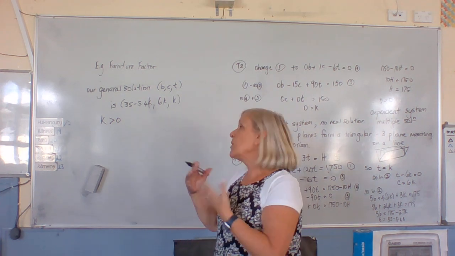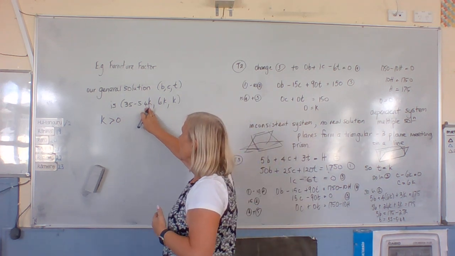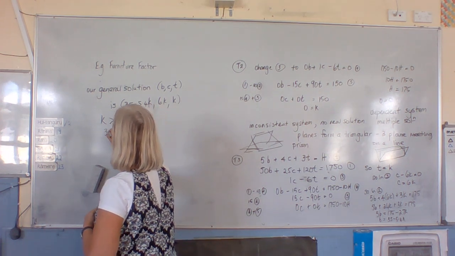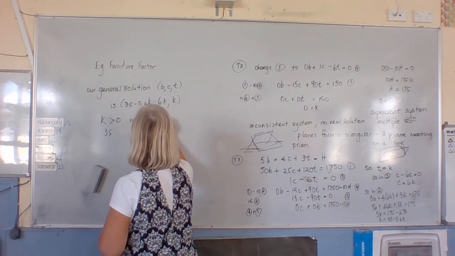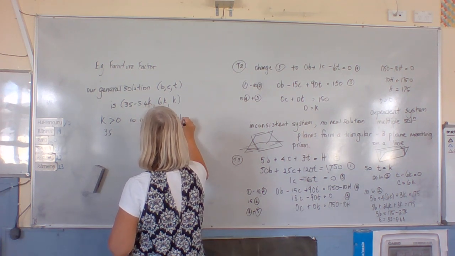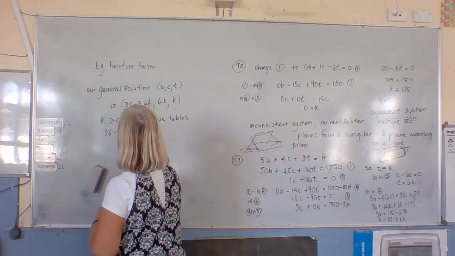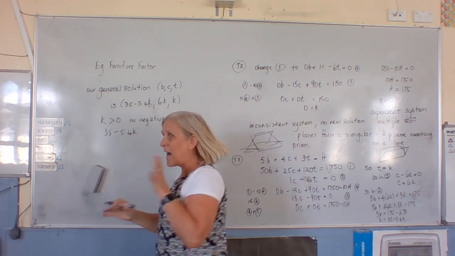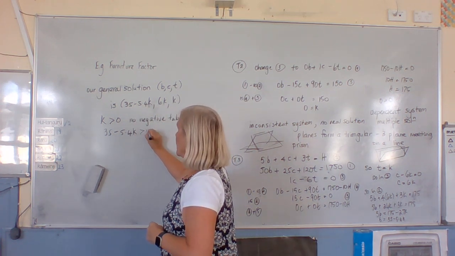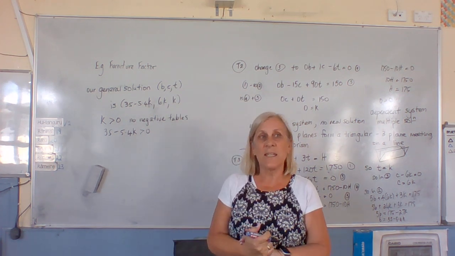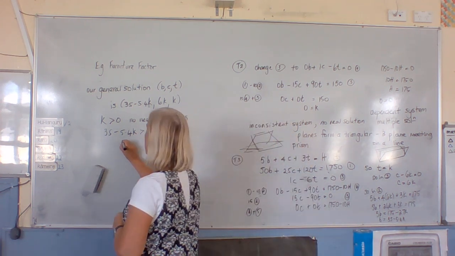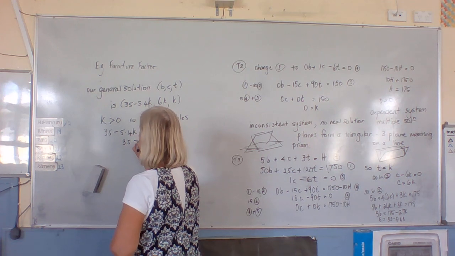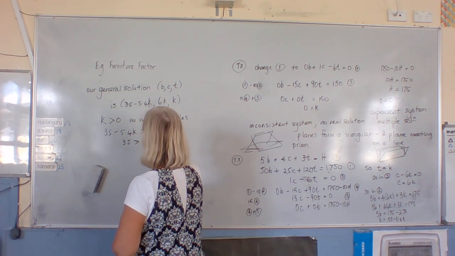All right? So what else is true? This one here also can't be less than 0, because that would mean that that is negative bookshelves. So if we solve this one, 35 has to be greater than 5.4k.